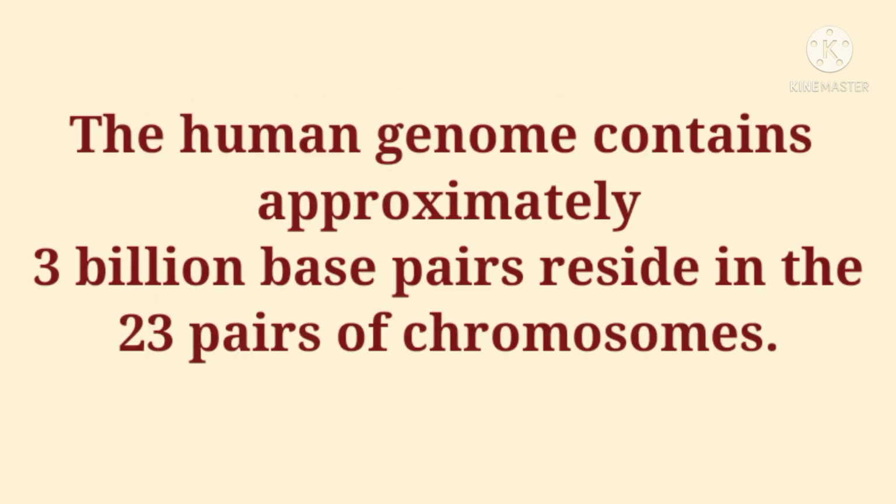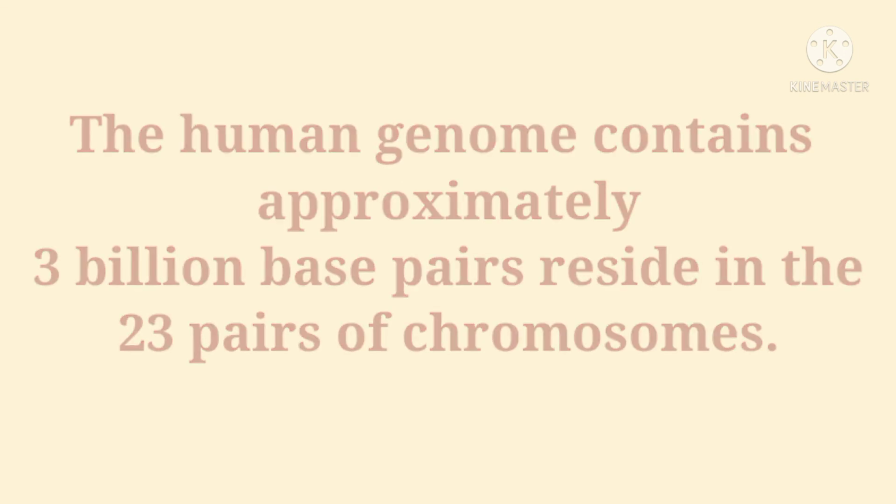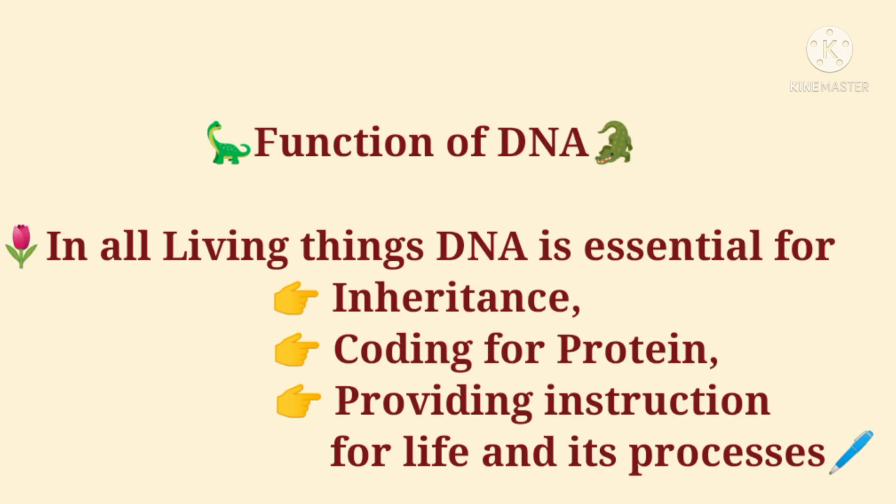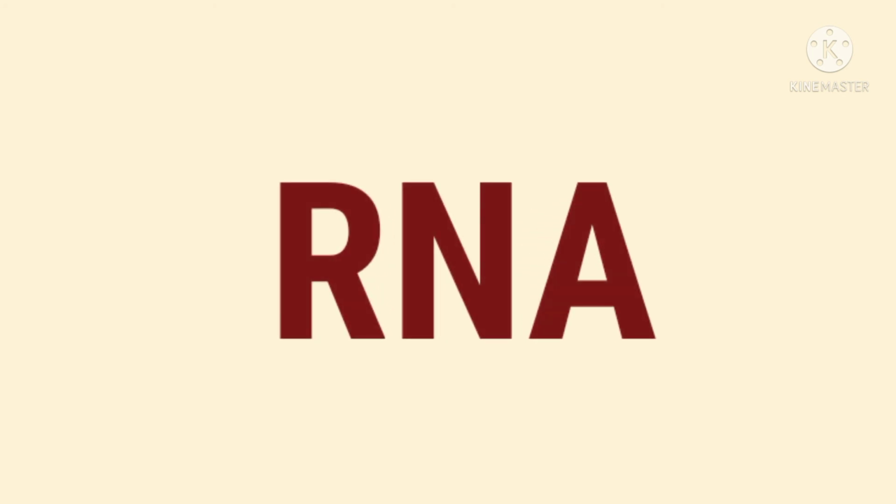The human genome contains approximately 3 billion base pairs that reside in the 23 pairs of chromosomes. Functions of DNA. In all living things, DNA is essential for inheritance, coding for proteins, and providing instructions for life and its processes. Next, we are going to see about RNA.